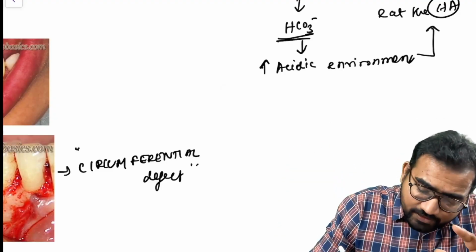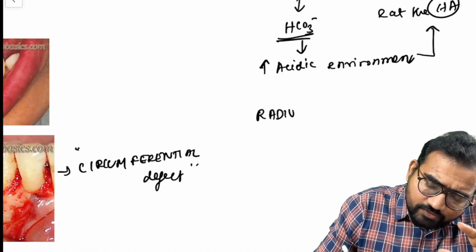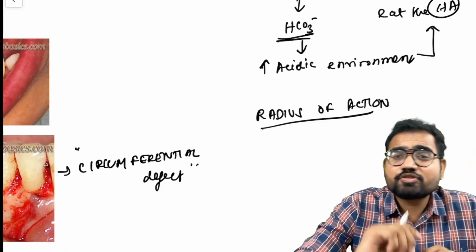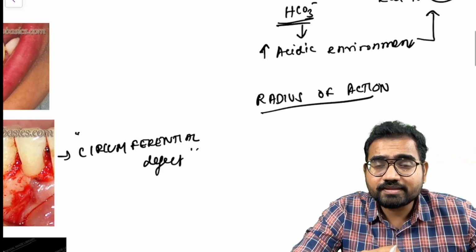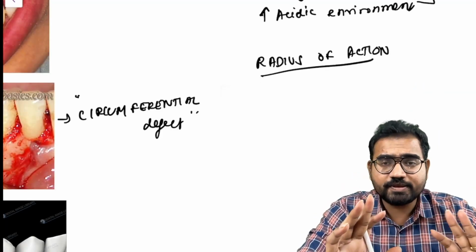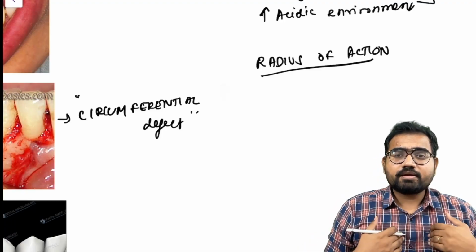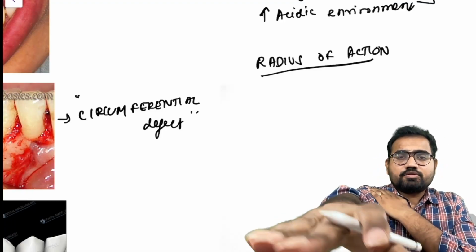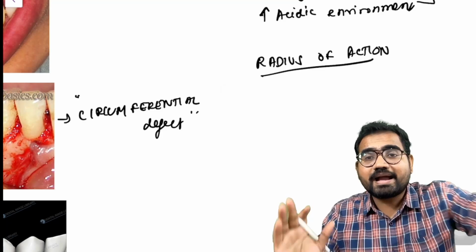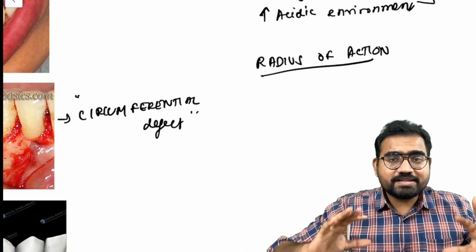Every bacteria has a certain radius of action. What do I mean by radius of action? It is the upper limit up to which the bacteria can attack. I can stretch my hand to a maximum level, but if someone is standing beyond that, I cannot hit them. So that is a maximum limit.